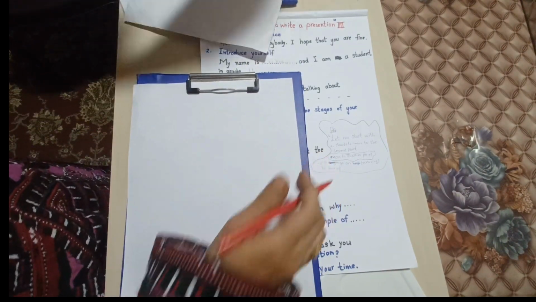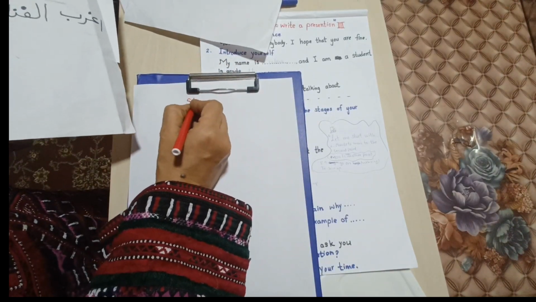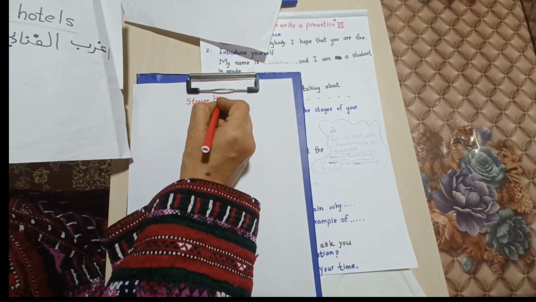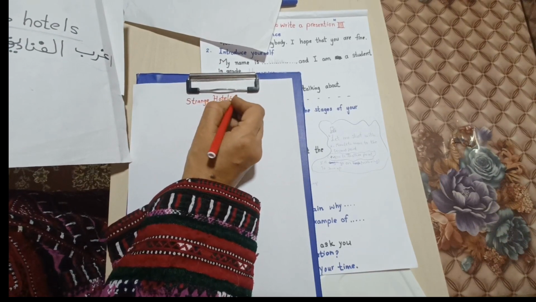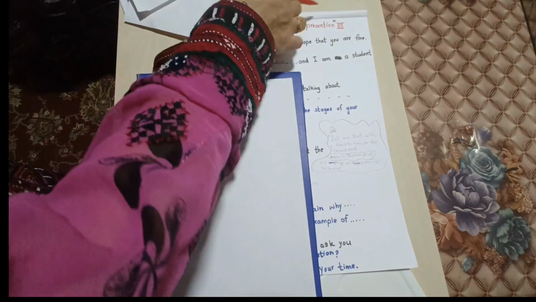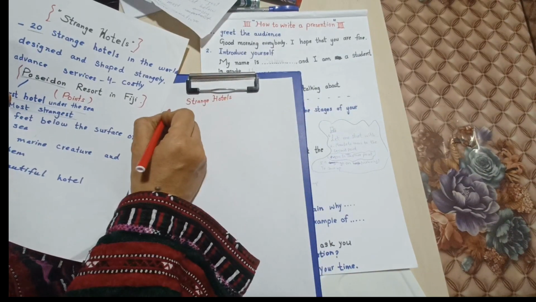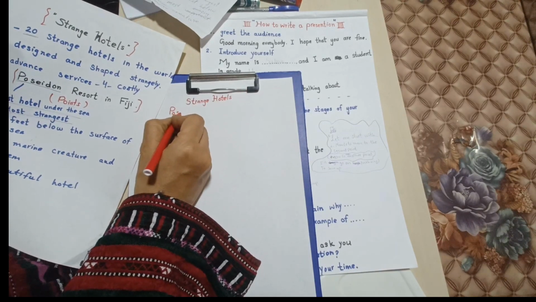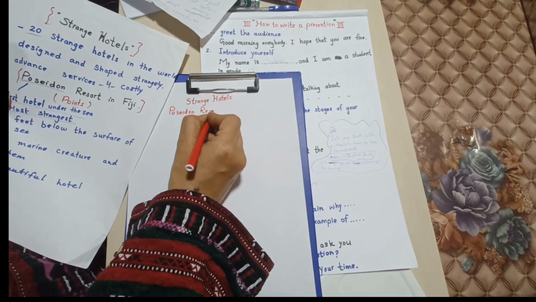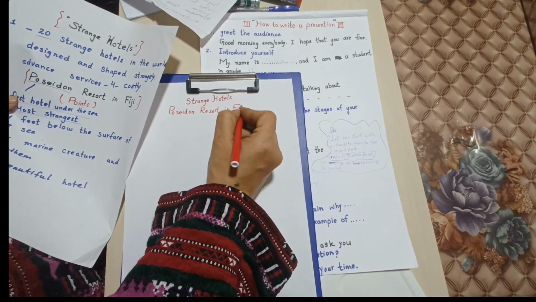We are going to write about strange hotels, and from that we have selected the hotel Poseidon Resort in Fiji.